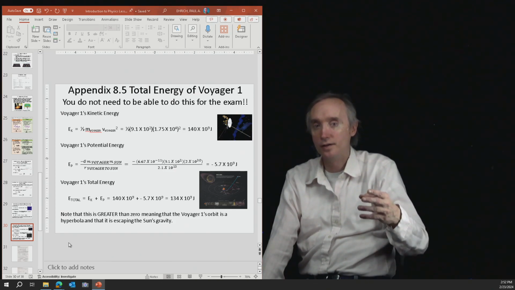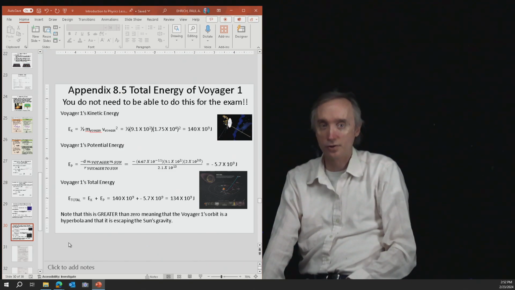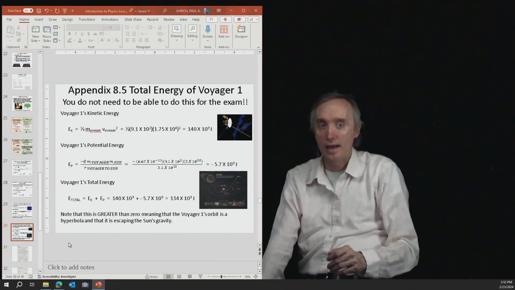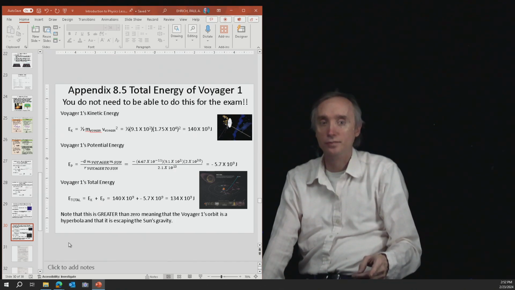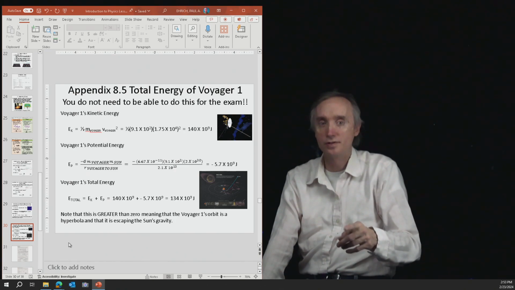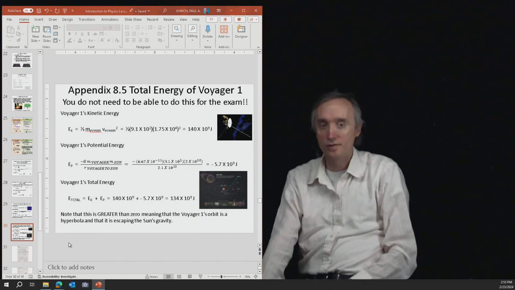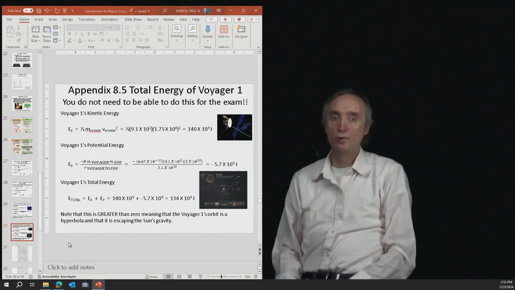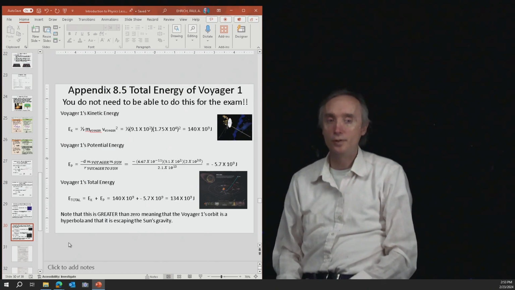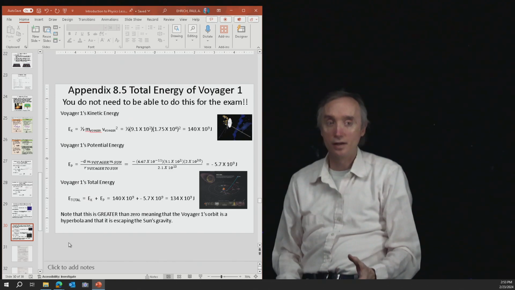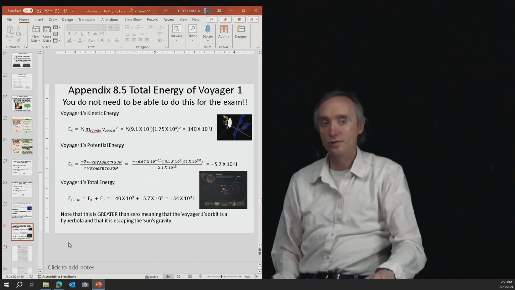And then I calculated the potential energy of Voyager 1. And then I added them together, and notice this time it's a positive number. So what does a positive total energy mean? It's escaping. So Voyager 1 is currently escaping the gravity of the sun and is never going to return.